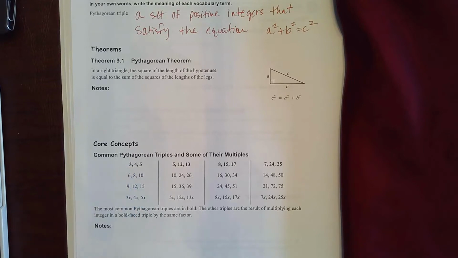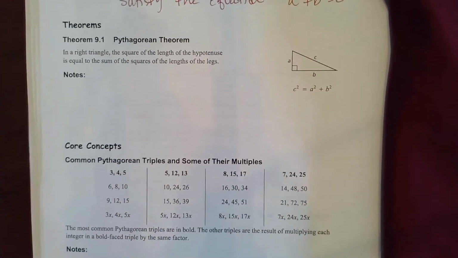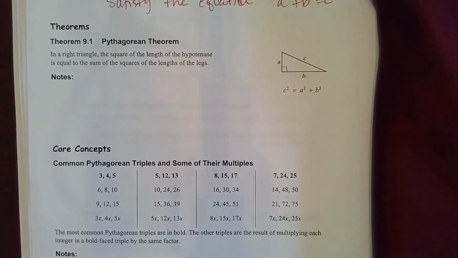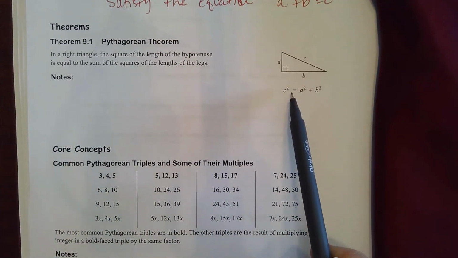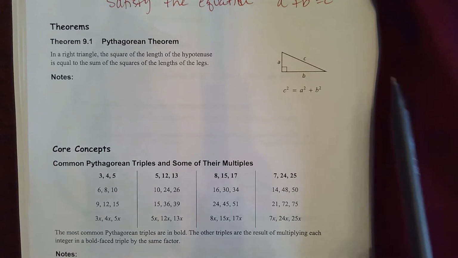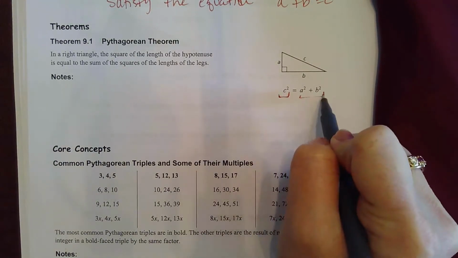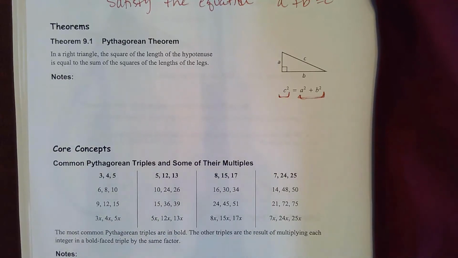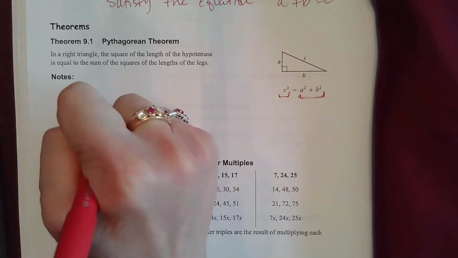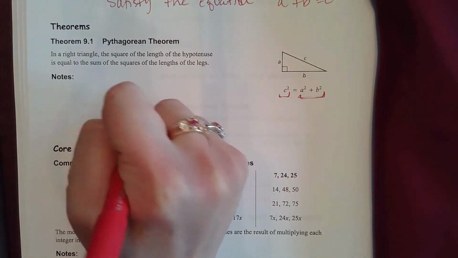So these are 3 integers, right? 3, 4, and 5 is a common Pythagorean triple. What that means is that if you were to plug them into your equation, a squared plus b squared equals c squared, it would work. In other words, the left side of your equation and the right side of your equation would equal the same value. For example, with the 3, 4, and 5, I would start by writing a squared plus b squared equals c squared.